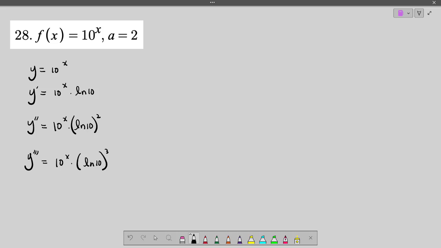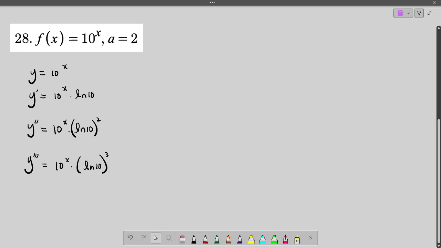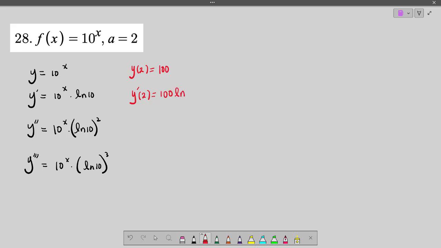When we do our evaluation at our center, the center here is 2, so we're going to get 100. Here we'll get 100 multiplied by natural log of 10. Here we'll get also 100, but natural log of 10 squared.